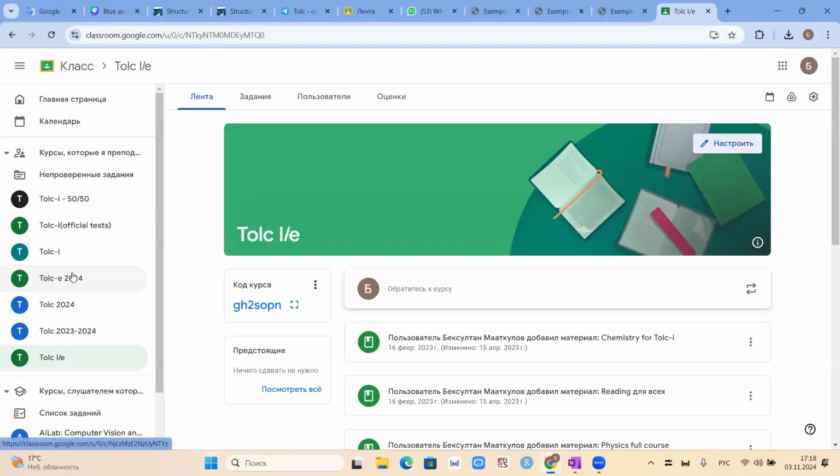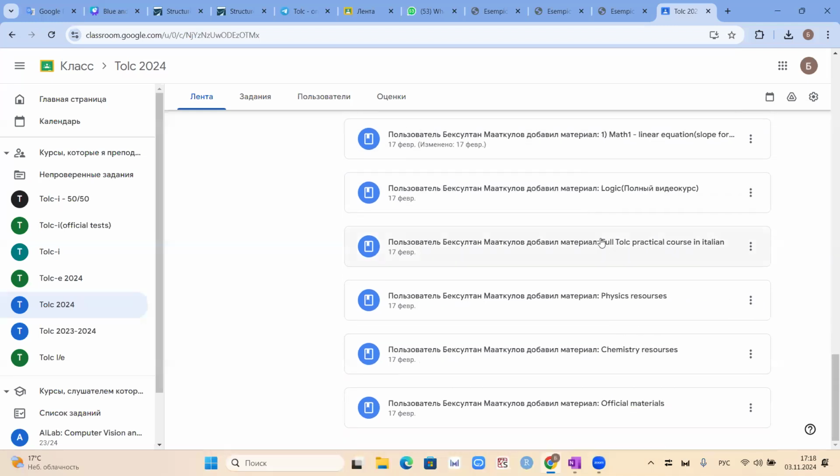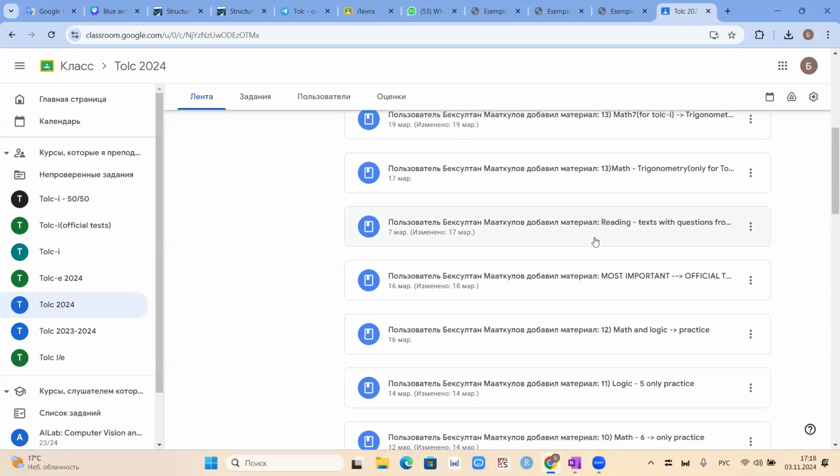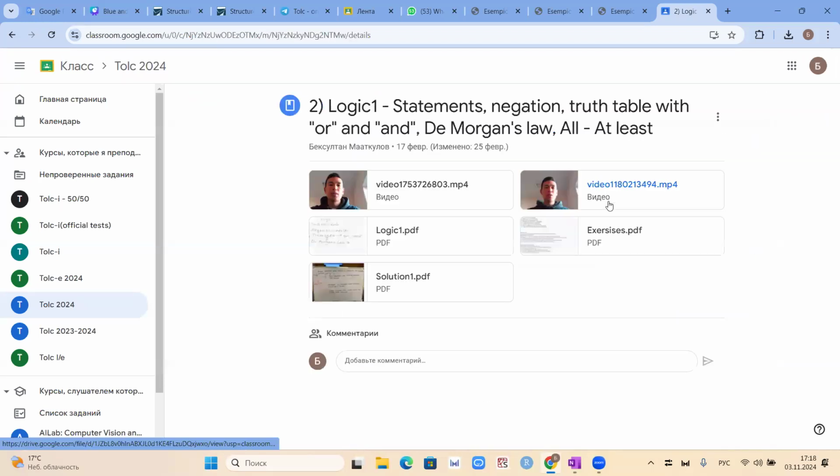I'll share the structure of these classes. In general, there are 16 lessons, and if you go to the logic lessons, there are 2 recordings, class notes, homework, and solutions for the homework.